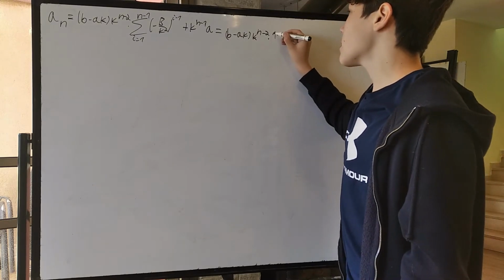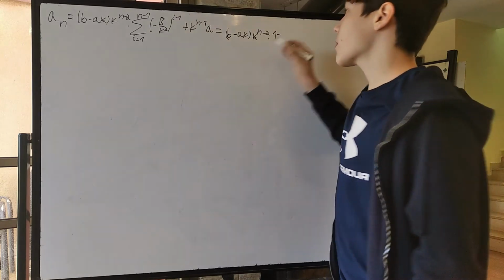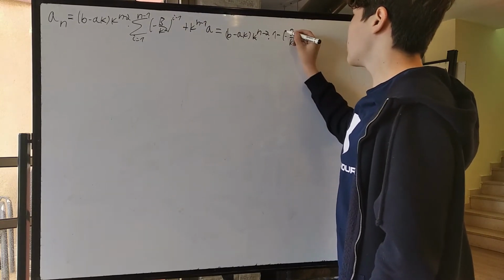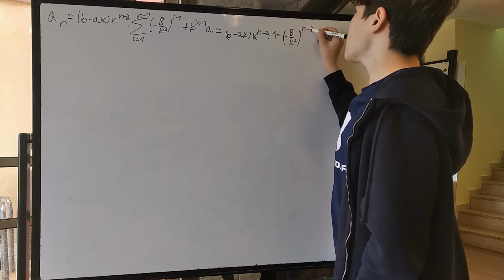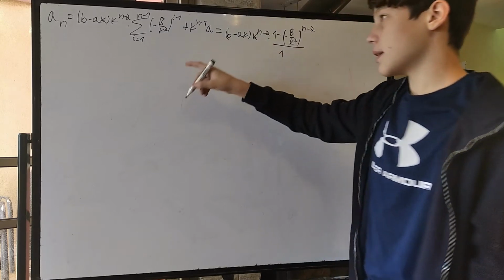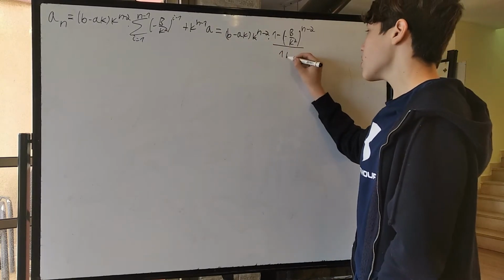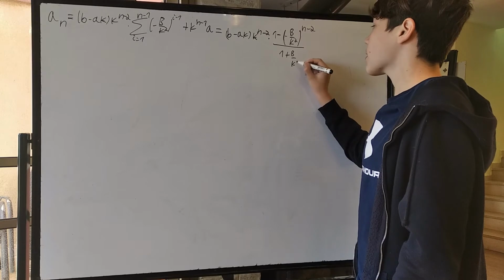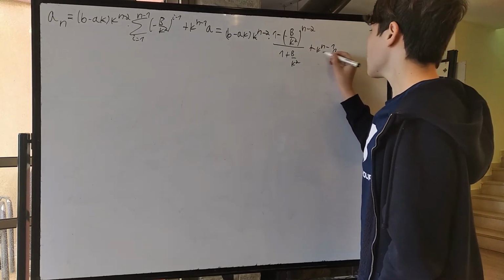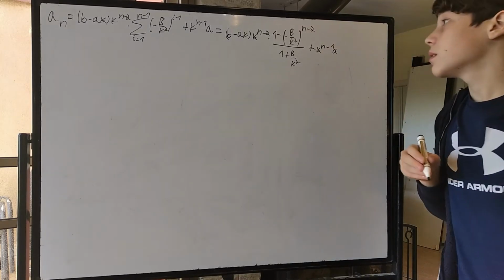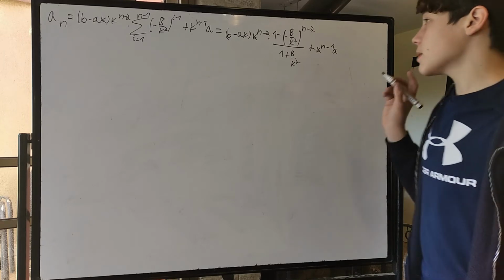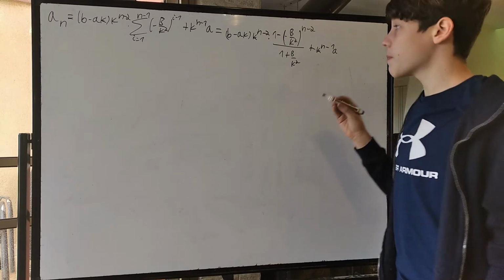Now it's 1 minus negative b over k squared to the n minus 2 divided by 1 minus negative b over k squared, plus k to the n minus 1. Okay. Now, this is technically the formula. We could really call it here, but I want something more.